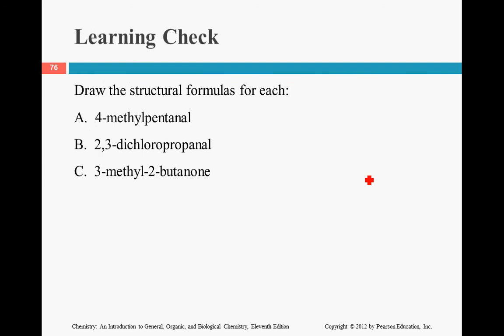Alright, and we are going to draw the structures of all of these. Pent, which means we have 5 carbons in a row, is an aldehyde, so the very last one has an oxygen. And on the 4th carbon, 1, 2, 3, 4, there's a methyl group. And all the rest of these have hydrogens.